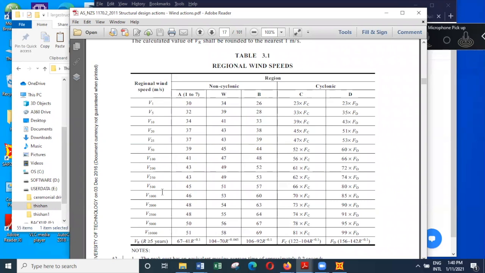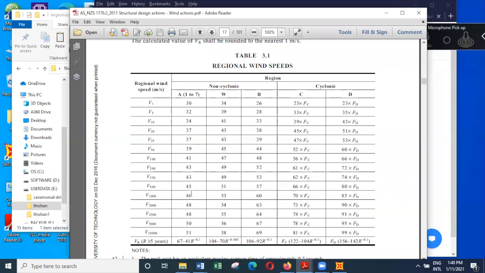So finally you will find the effect is more or less the same. So basically, when you are designing for ultimate limit state, you will design for a higher wind speed, which means you will end up with a higher wind force. So under service conditions, you use a lower wind speed. Under the ultimate conditions, you use a higher wind speed.